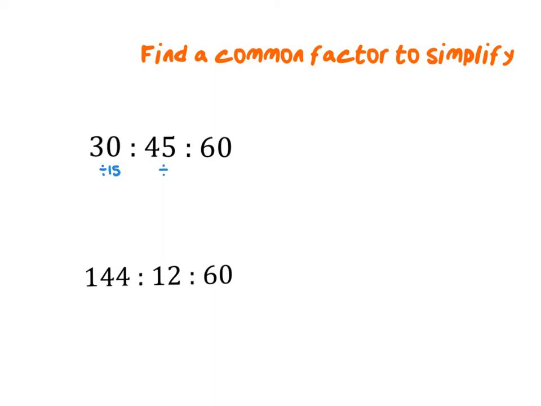You can always double check that 15 does indeed go into all of them, because you don't want a decimal as an answer. So 30 divided by 15 gives me 2. 45 divided by 15 gives me 3. And 60 divided by 15 gives me 4. And there's no number that can go into 2, 3, and 4, which means that this is our simplified ratio.